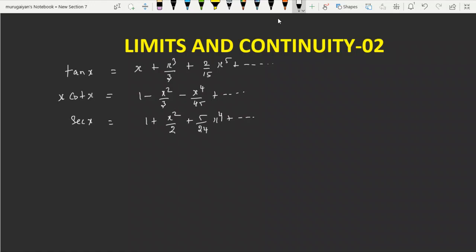Then x cosecant x is 1 plus x square by 6 plus 7 by 360 x power 4.